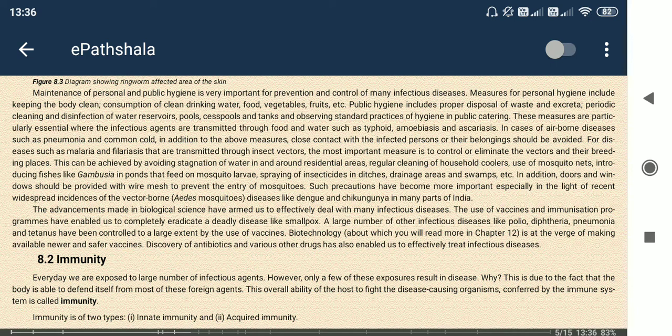Now, immunity is actually of two types: innate immunity and acquired immunity. We need to know both. Innate immunity is the type of immunity which is transmitted, a characteristic transferred from the parental organism to its progeny or offspring.